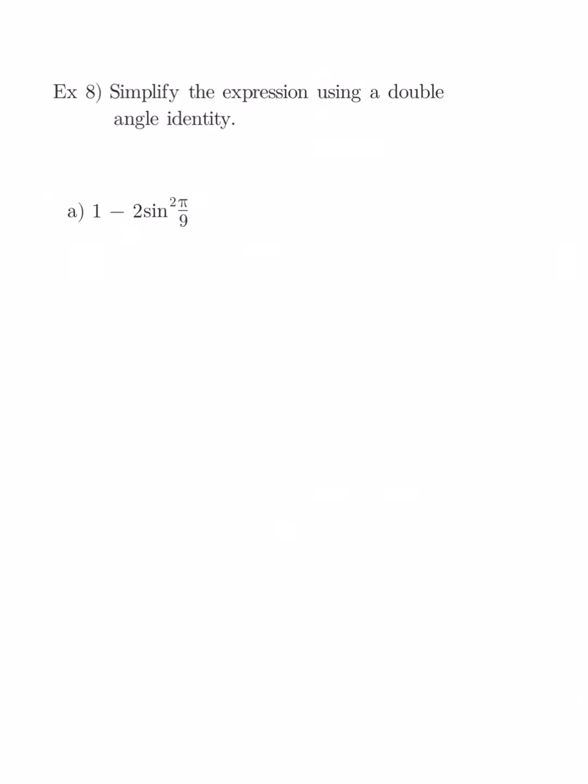On example 8, you are asked to simplify the expression using a double angle identity. And then on problem A, we are given 1 minus 2 sine squared of pi/9. What you need to recognize on this one is that this is one of the versions of the cosine of 2 theta.